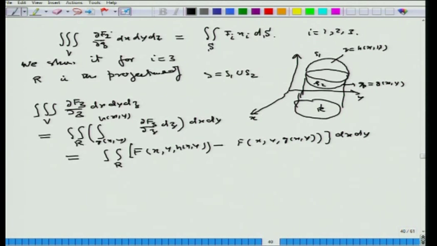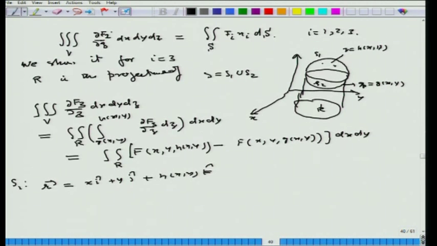Here we can see that this is actually equal to the right hand side. If we write the parametric representation like this, then for the upper surface S 2, for any point P the position vector R will be x i plus y j plus h x y k.